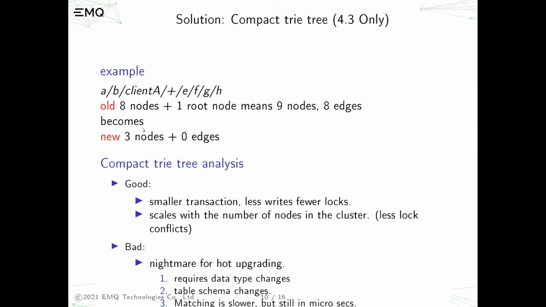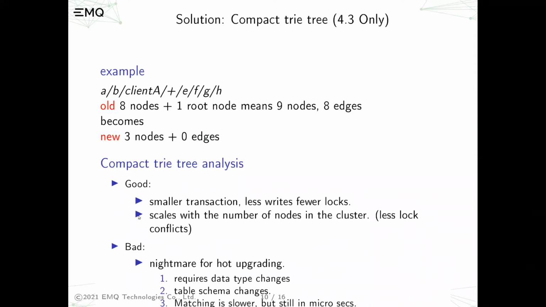That makes the transaction very small, and also makes lock conflict unlikely to happen. If you have this kind of setup, you have the client ID, then the wildcard token. And the best benefit of this is that it scales with the number of nodes in the cluster, because it has almost no lock conflict.